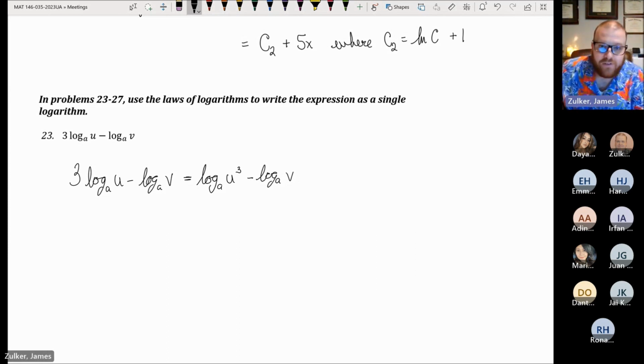In this case, it's log base a of u cubed. Now we notice we have a difference of logs. Right? That is the log of the quotients.